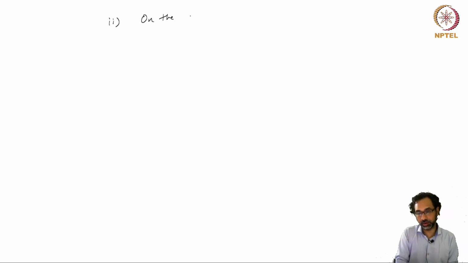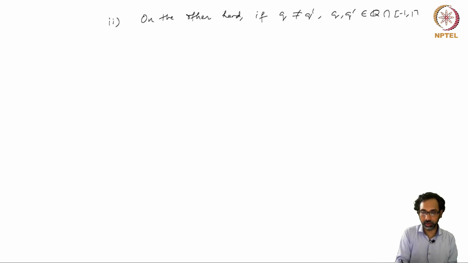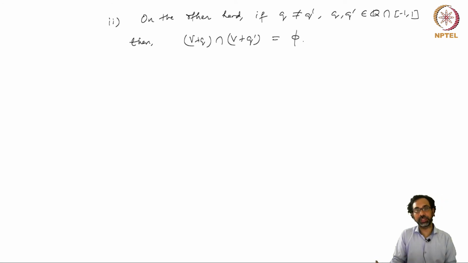On the other hand, if q is not equal to q prime for rationals q and q prime in [-1, 1], then (V plus q) intersection (V plus q prime) is empty. These two are disjoint subsets of [-1, 2].